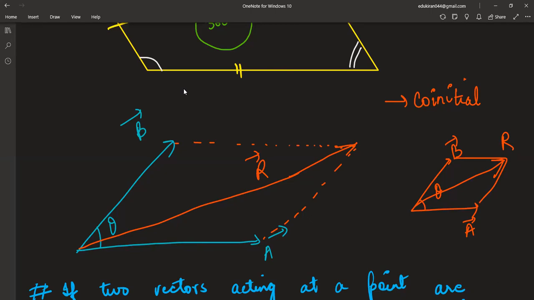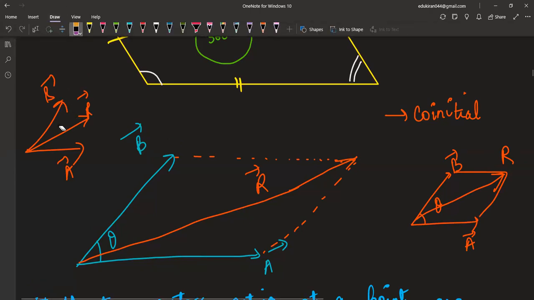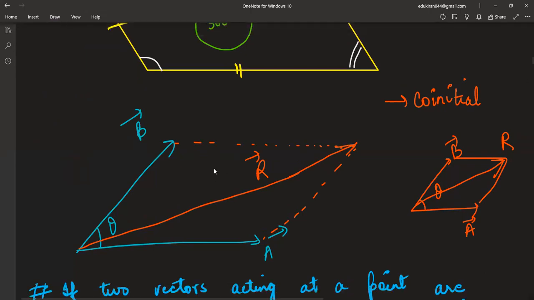Even if you do not complete the parallelogram, you will see A vector, B vector with the resultant intersecting like this. This is how you identify when to use the parallelogram law. Now you have to write down its formula.